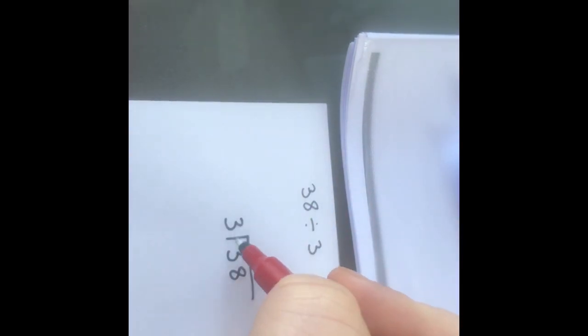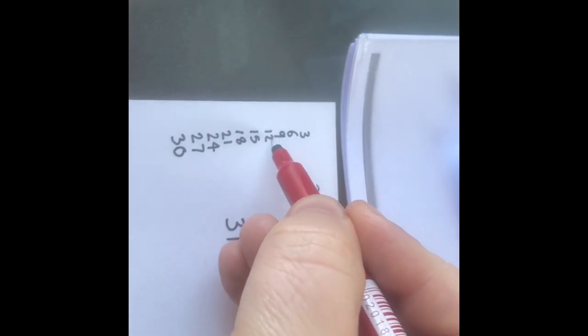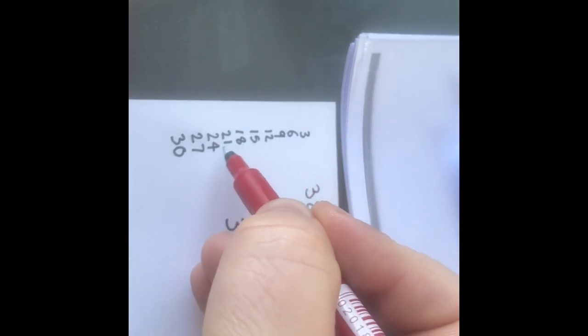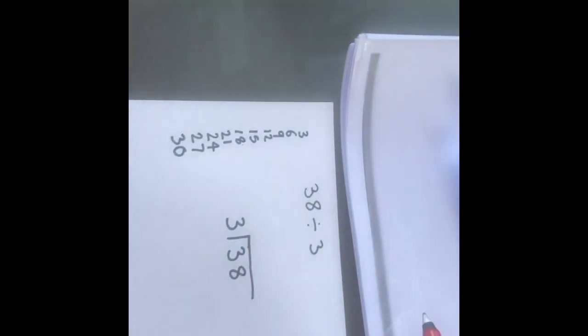So if we're doing the 3 times tables, we write the 3 times tables down the side. 3, 6, 9, 12, 15, 18, 21, 24, 27, 30. And you can check that you haven't missed any out by counting them. 1, 2, 3, 4, 5, 6, 7, 8, 9, 10. We know that 10 threes are 30.